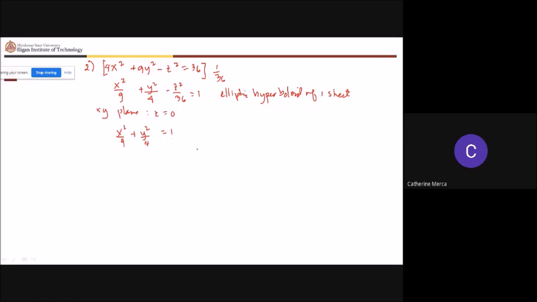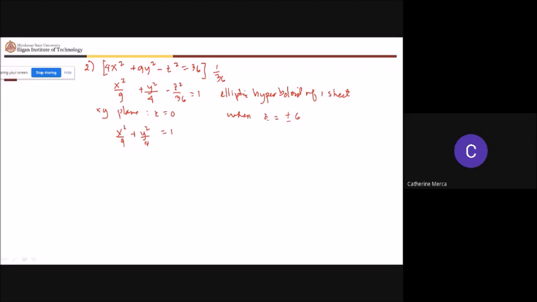On the other hand, what happens when z is equal to plus or minus 6? Either sign works, since z is squared.